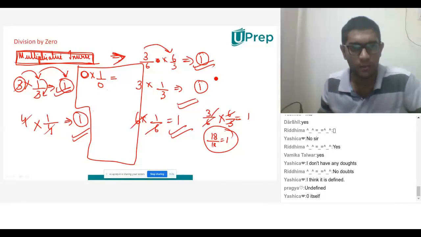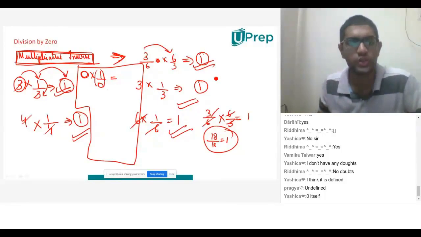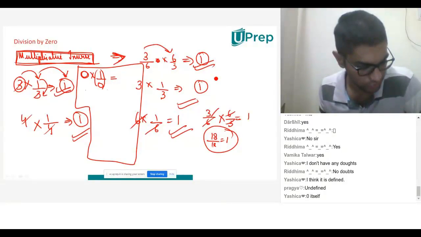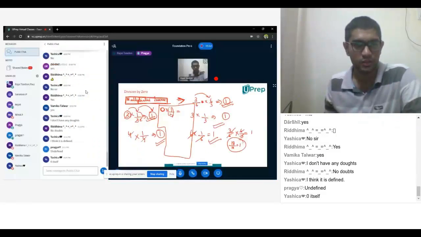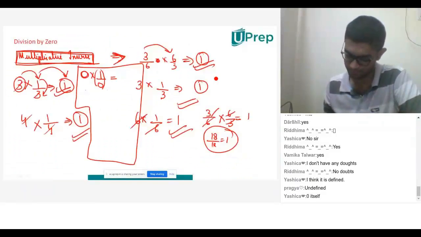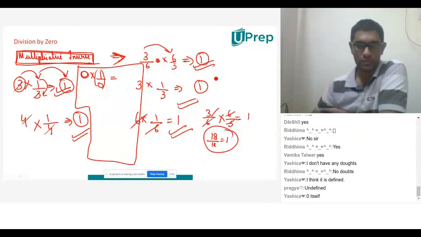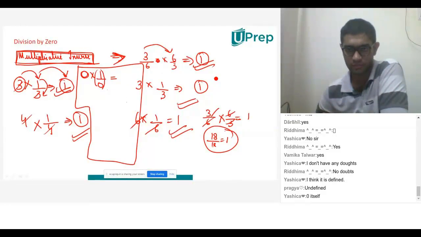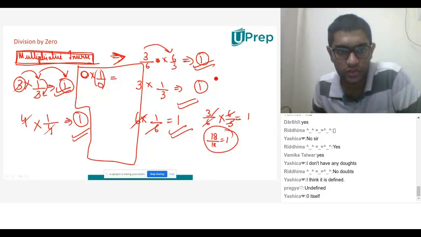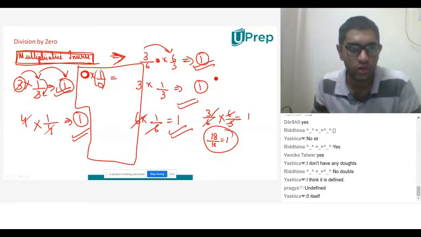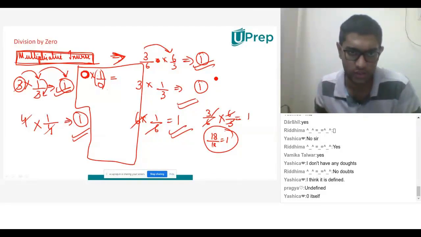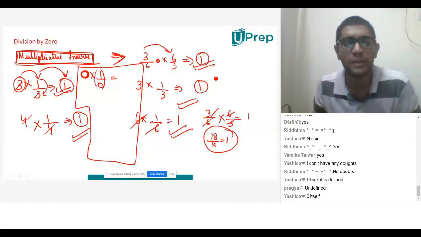But what is 0 into any number, guys? 0. My question is, 0 is a number. The multiplicative inverse of 0, according to what we have understood in the previous examples, is 1 by 0. Clear? What is 0 into 1 by 0 is my question.